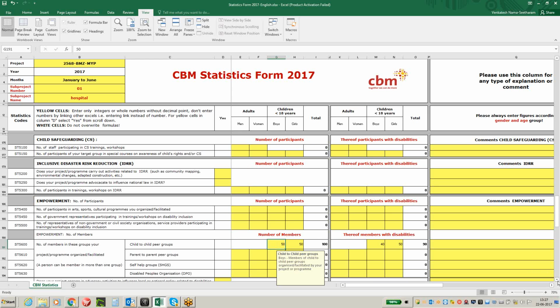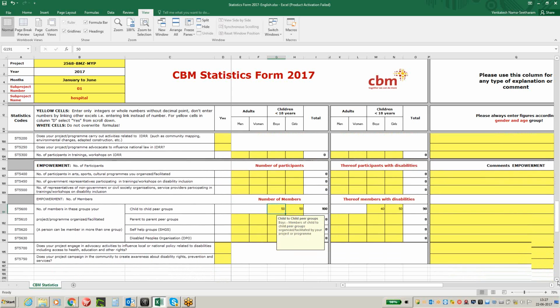So this is the statistics form 2017. And I just want to show that you can move the background message. If it disturbs your filling, you can just click on it and move it aside. You cannot delete it, but you can move it.